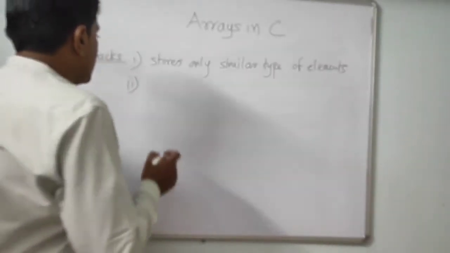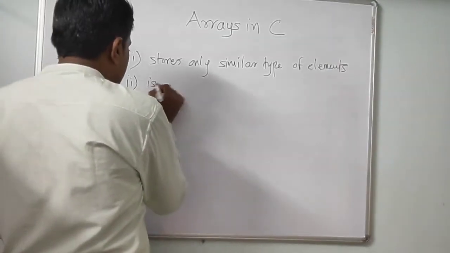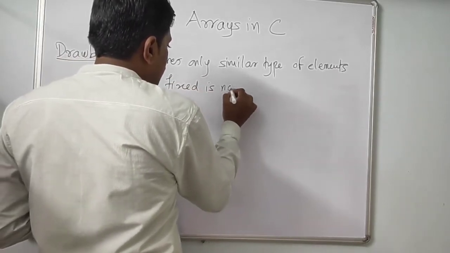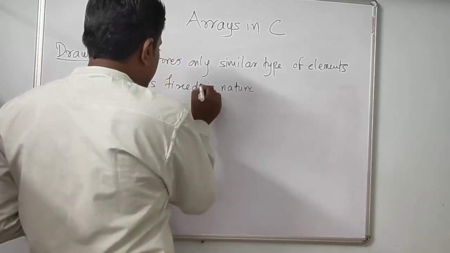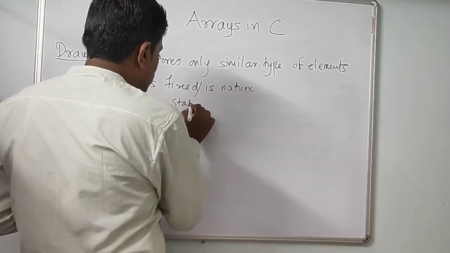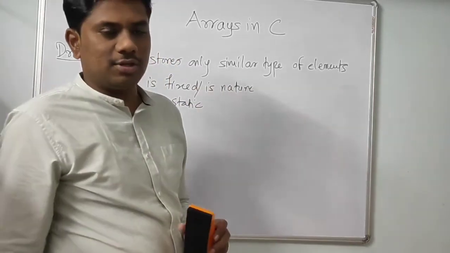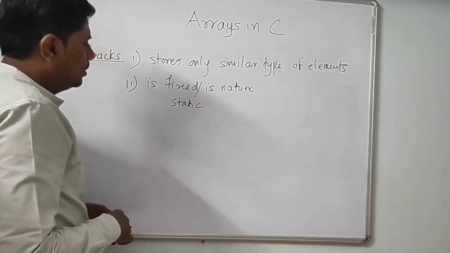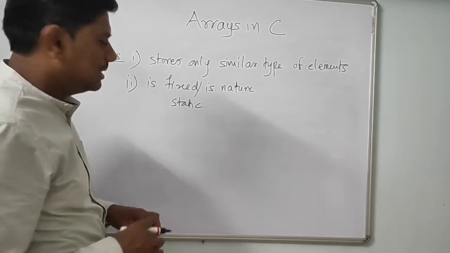Next drawback, array is fixed in nature. That is, it is static in nature. Originally array is static in nature. Now what is the meaning of this, and what is the drawback of this? Why is array static in nature?